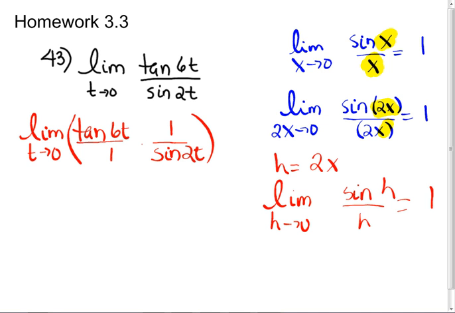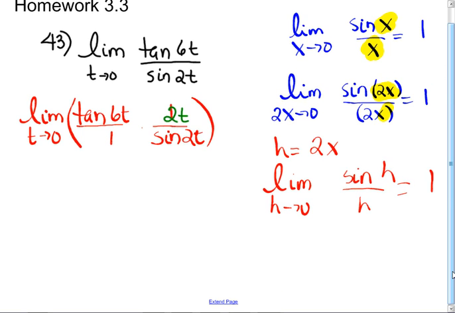What do I need in the numerator here to get the sine of 2t to go away? I need a 2t. Right? Because that's the same as this. It's the reciprocal of this.